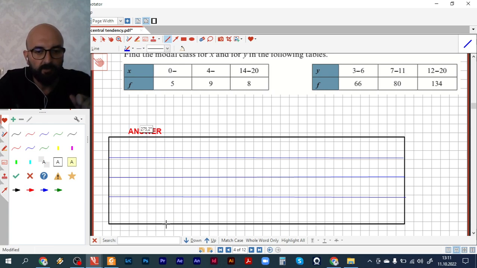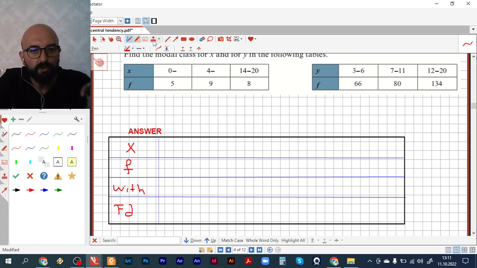The first column is the x value, then frequency and width, and the last one is frequency density.